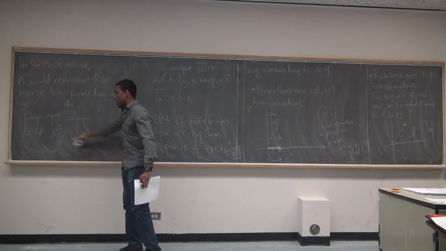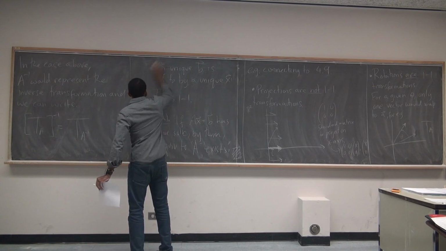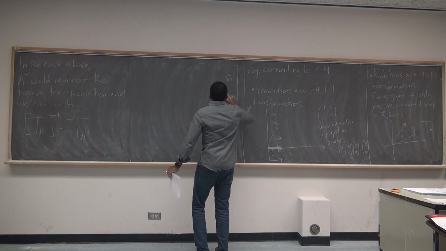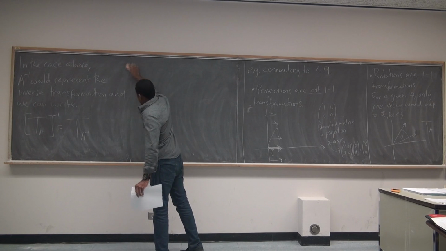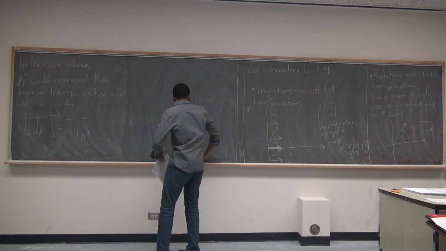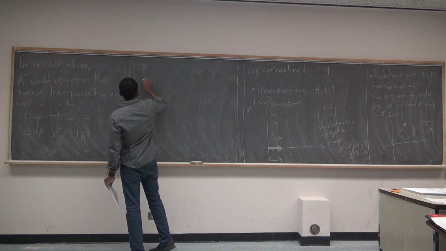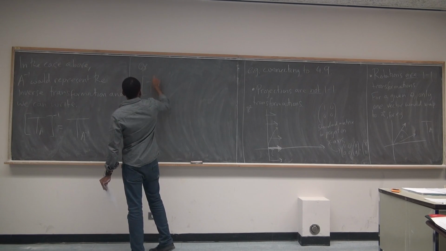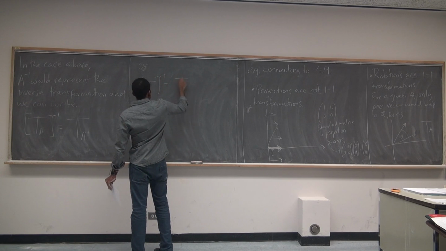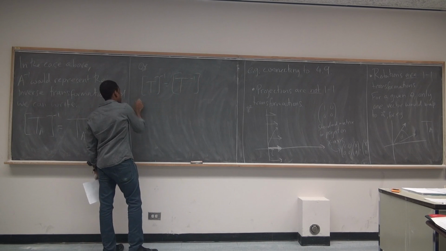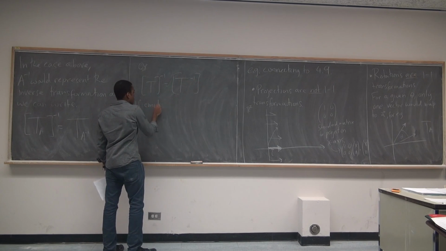And again, I can leave off the A if I don't want to really emphasize or name anybody. Or we can write T inverse equals T inverse. The emphasis is not needed.